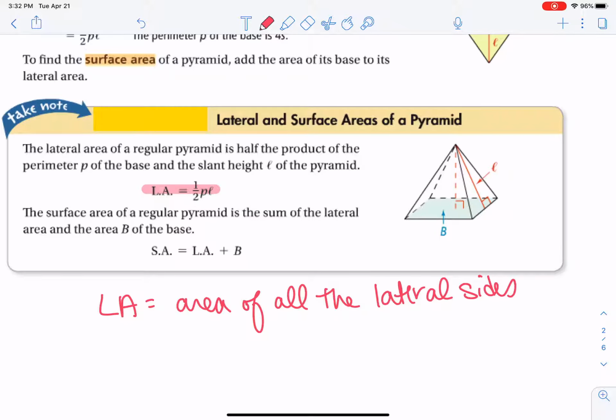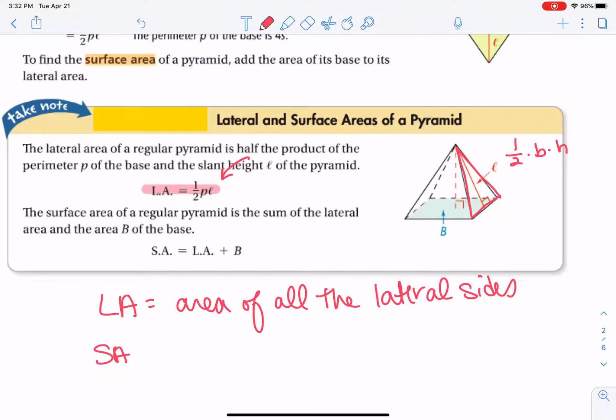So I would just take each of these triangles and add those areas up. So 1/2 times base times height, and the height is the lateral height in this case. So 1/2 times the base times the height, and then however many of them there are. So in this case, it looks like there's 4. Or you can use their shortcut.